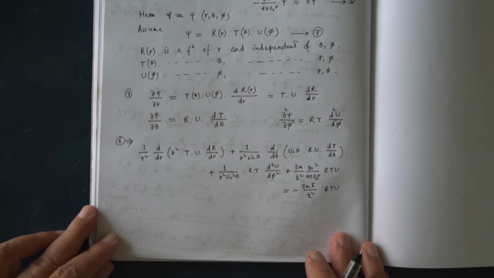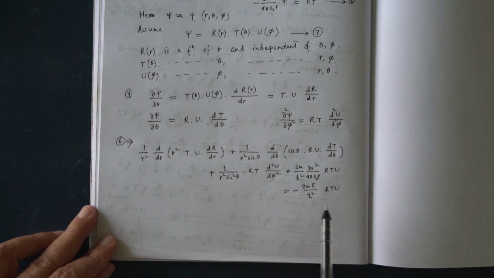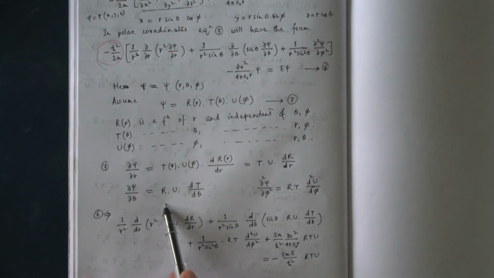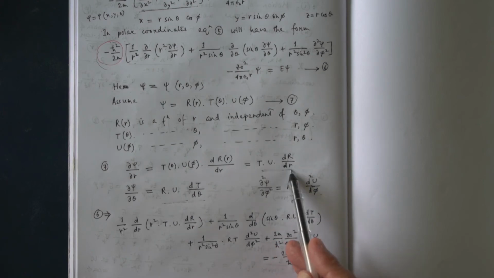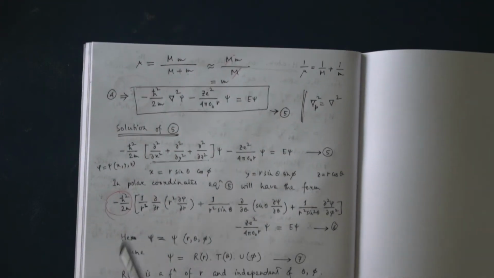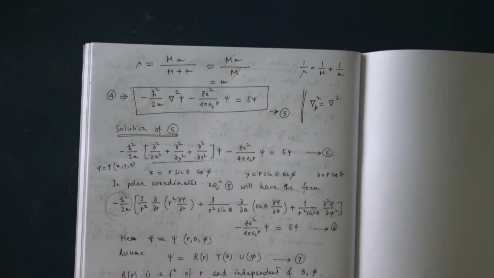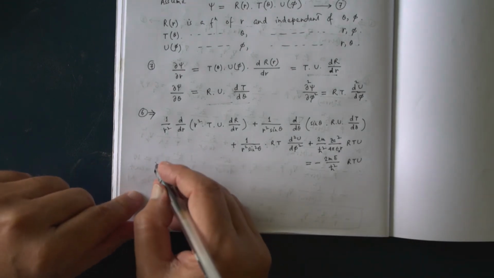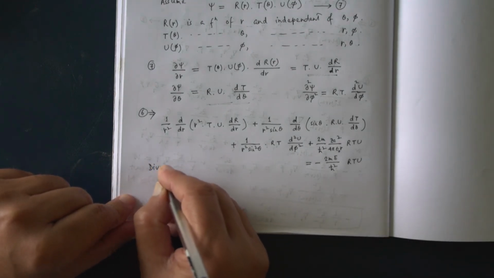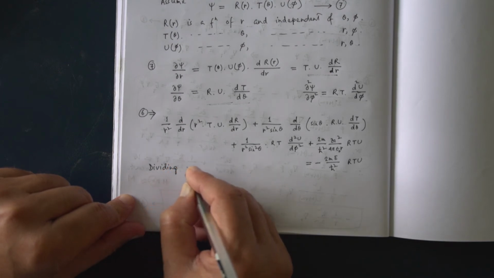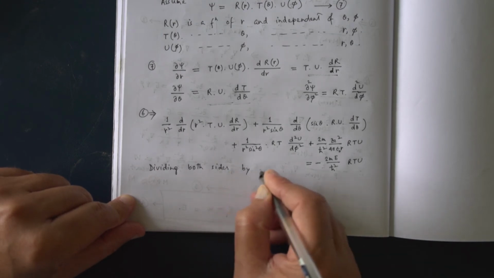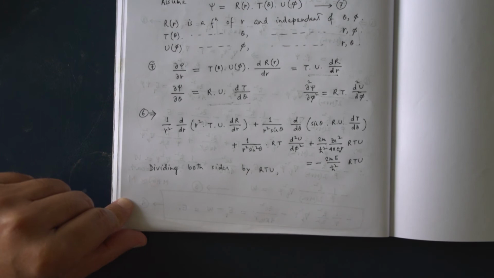So I am doing two things. First, we are replacing this. At the same time, we are dividing both sides by R T U. What do we get?